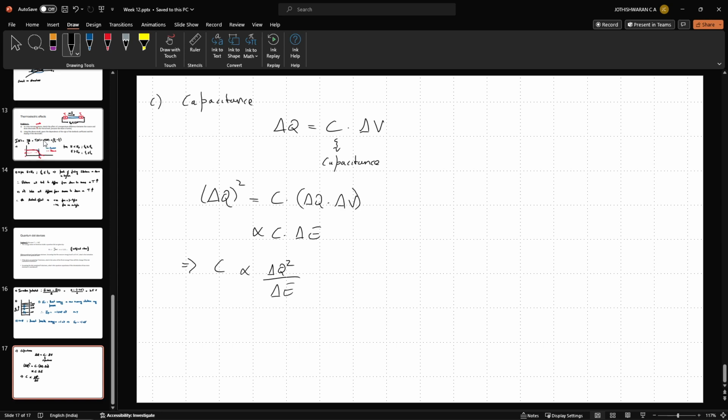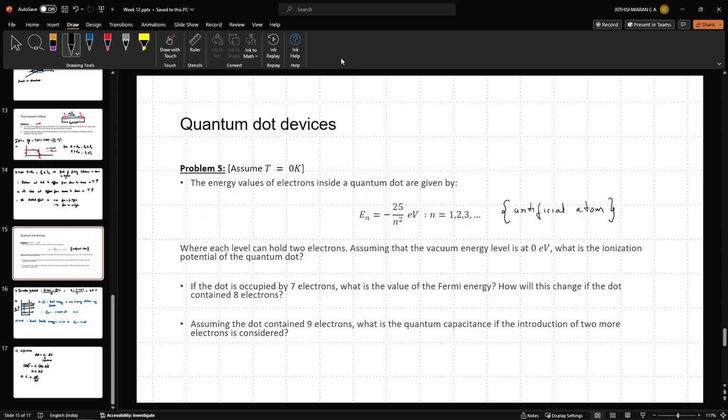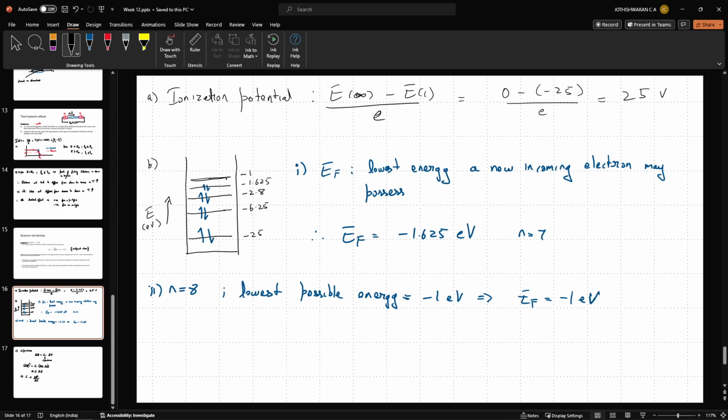Now what has been told is the system has 9 electrons at t equal to 0. That's why I said assume t equal to 0. So if there are 9 electrons, then up to this it is filled.